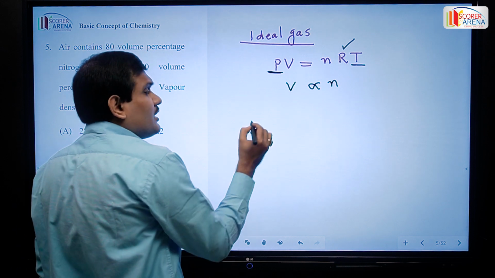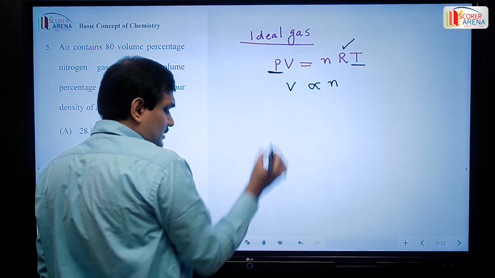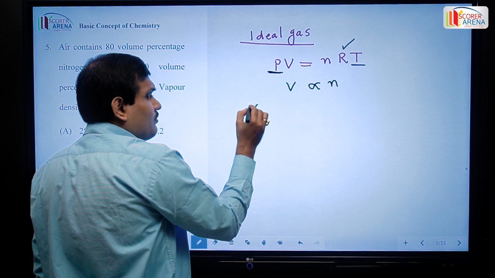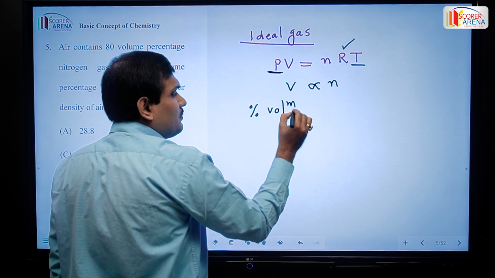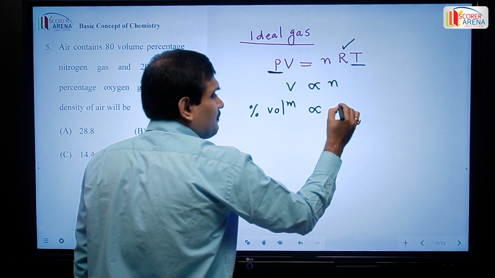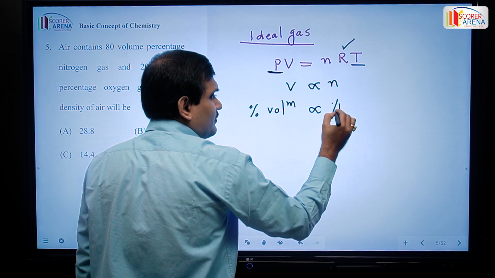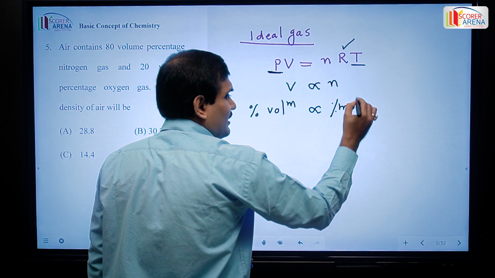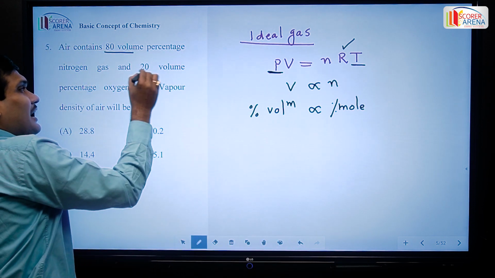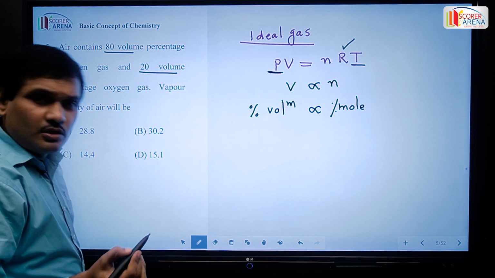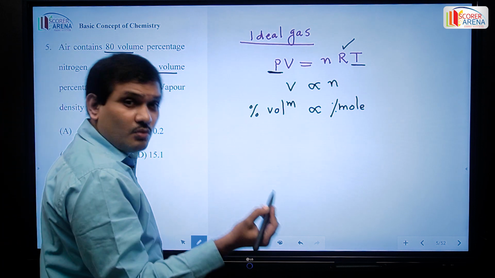The concept here: we use volume percentage, it will be proportional to percentage moles. So if it is given volume percentage 80 and volume percentage 20, you can consider them as mole percentage.